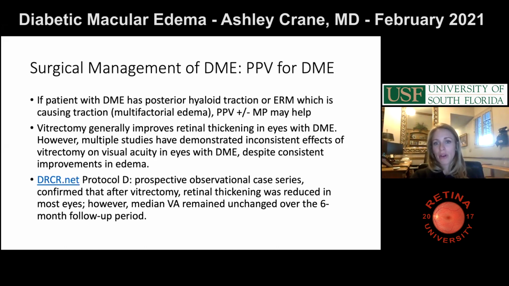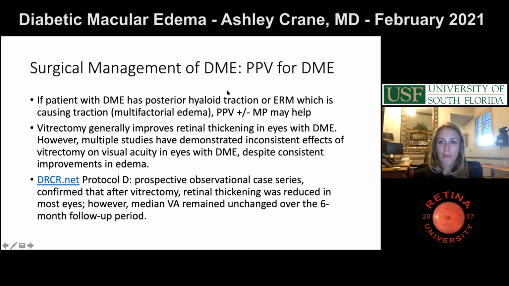And so a vitrectomy with a membrane peel may help relieve at least the posterior traction, and then perhaps the edema can be treated better with anti-VEGF. We do know that vitrectomy generally improves the thickening in eyes with DME, but a lot of studies have shown inconsistent effects on improving visual acuity. So it's not a reliable use of vitrectomy to treat DME.